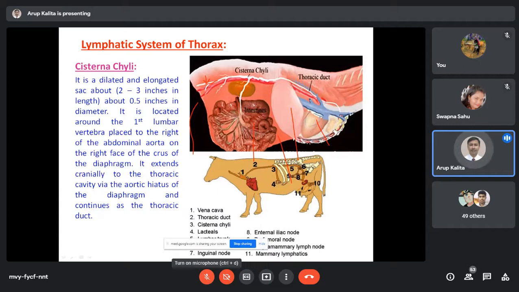And at the level of the first lumbar vertebra, there is a pocket-like structure where lymph will come from different parts of the body, from the pelvis, from the pelvic limb, from the abdomen, and store here at the level of the first lumbar vertebra. And this pocket-like structure is called cisterna chyli.